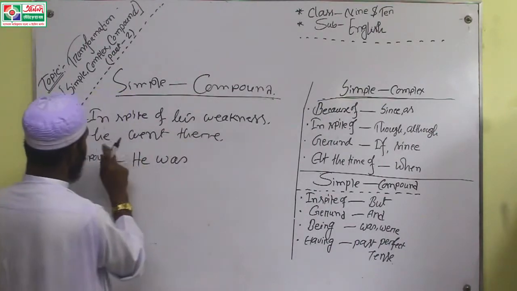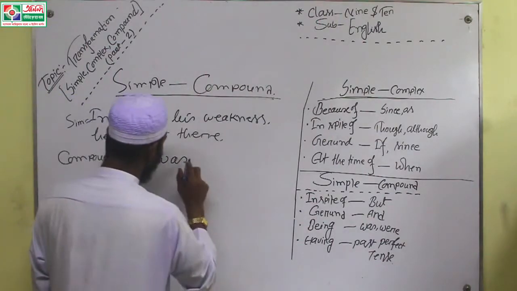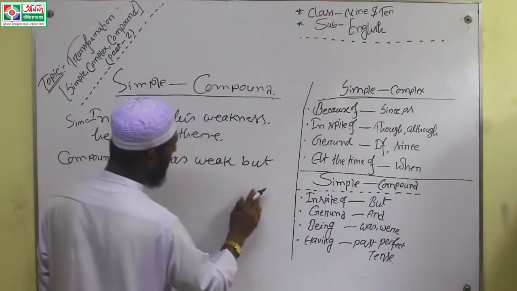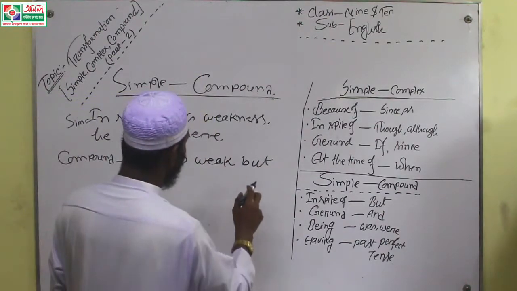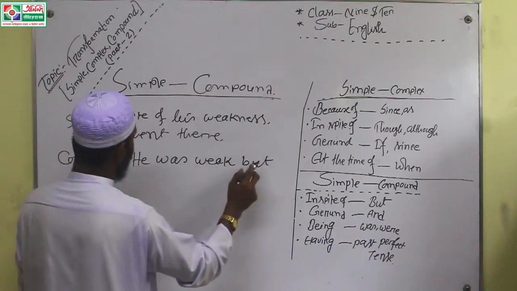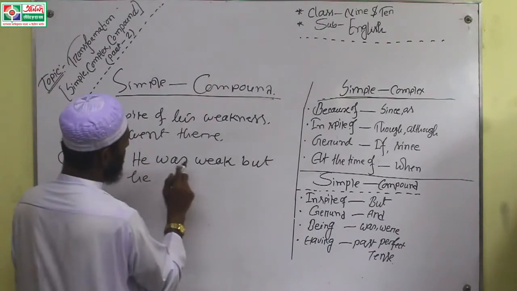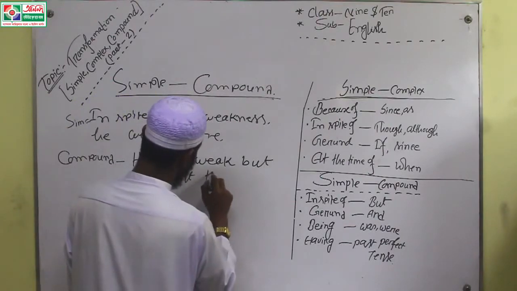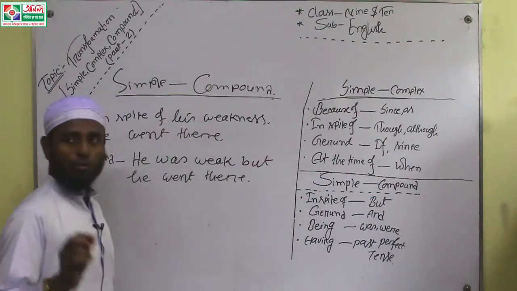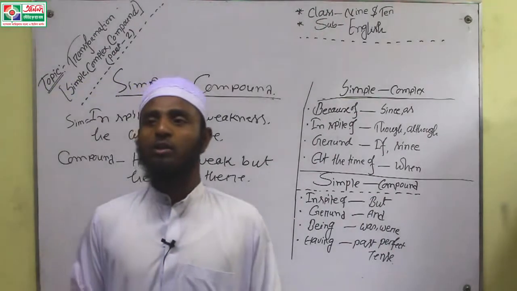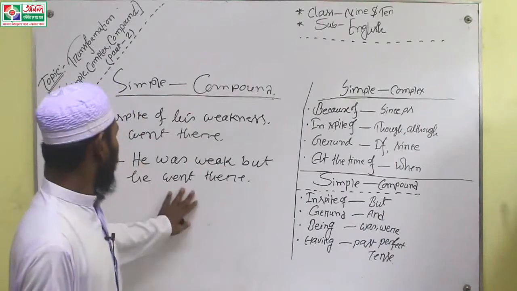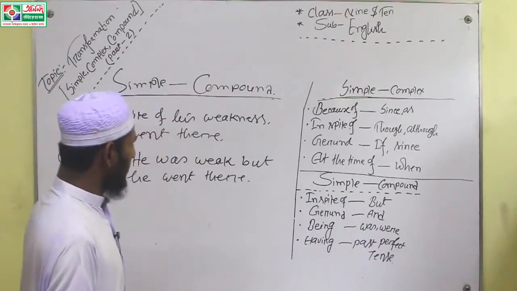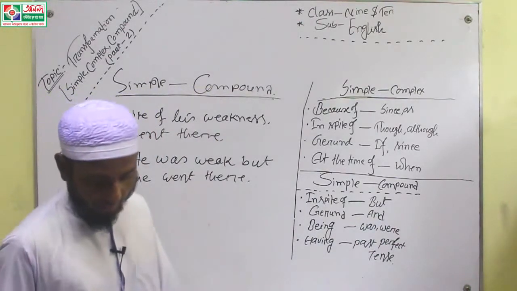Because it is past tense: he went there. He was weak, but he went there. If you find in spite of, you will use but.